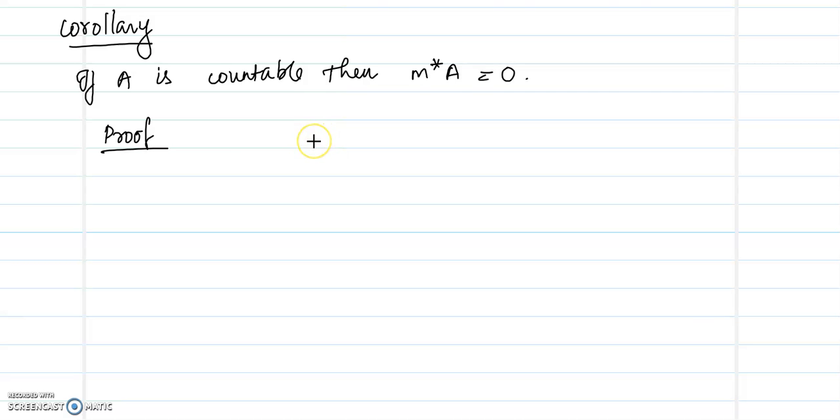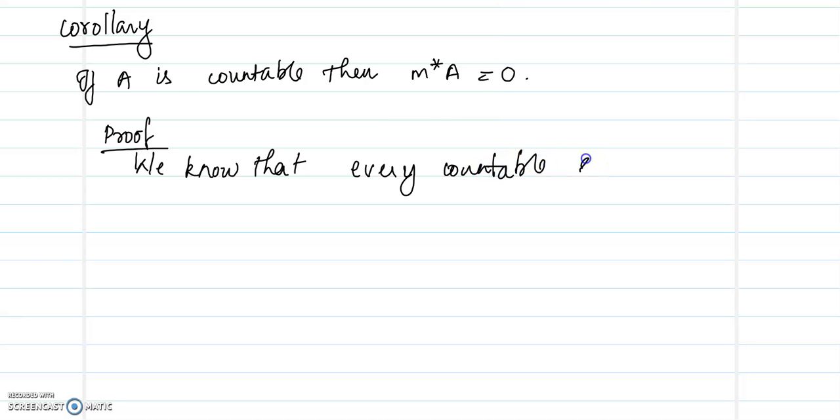If A is countable, we can always find a sequence of distinct terms such that A is equal to that sequence. We know that every countable set can be expressed as a sequence of distinct terms.